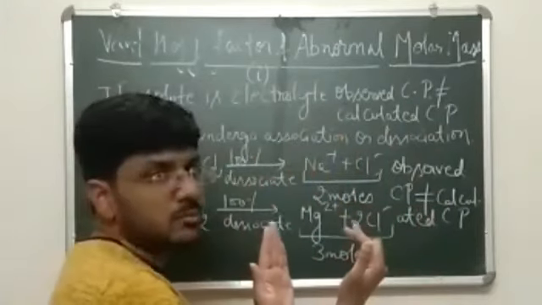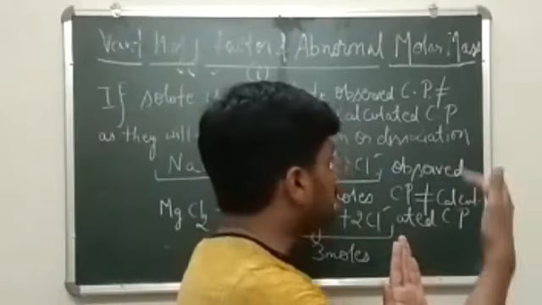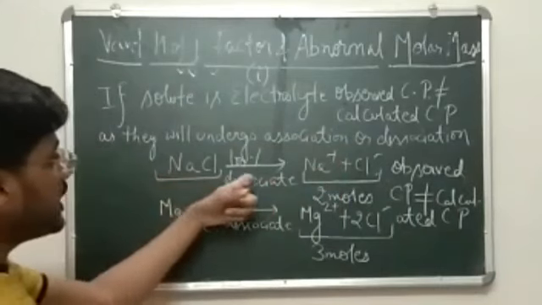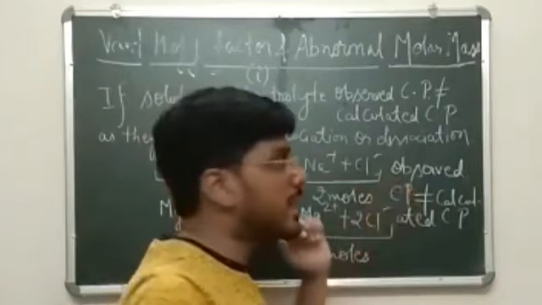Association means collection of molecules to form one molecule, and dissociation means dissociating into separate ions. For example, NaCl will undergo 100% dissociation to form sodium plus and chloride ions.